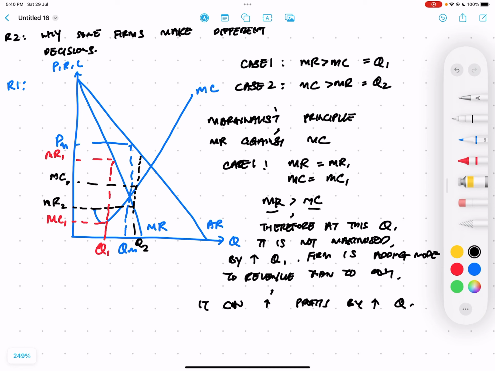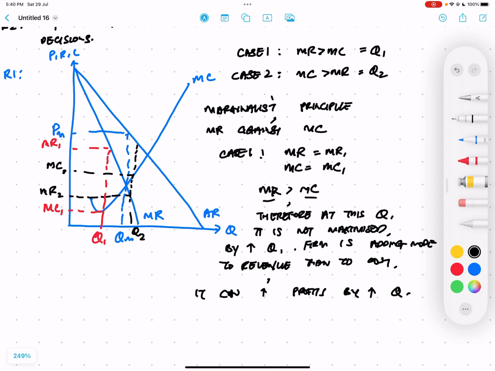You need to explain step by step: firstly, here's a situation where it's not profit maximizing, here's Q1, and the reason is you're adding more to revenue than to cost. When that happens, you could be increasing your profits because more money is coming in than going out, so you should increase quantity when you're at Q1. After you explain case 1, the green color case, you explain the yellow color case.